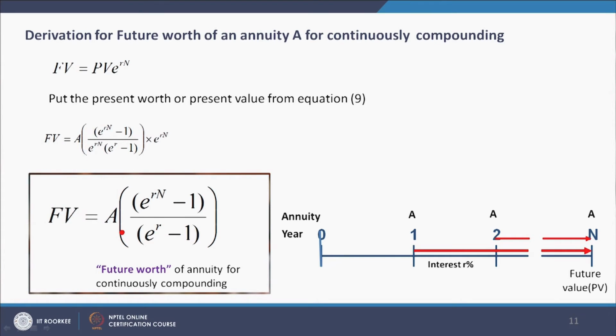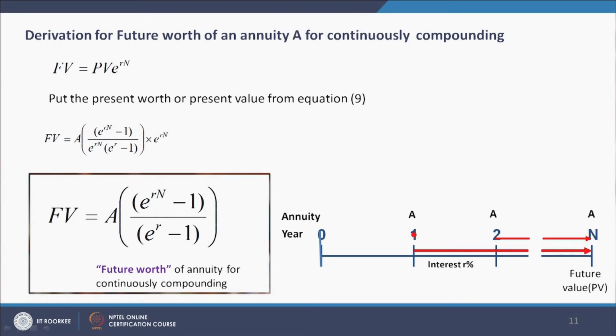So, FV is equal to A (e to the power rn minus 1) divided by (e to the power r minus 1). Here also you will see that the investment is done like this: at the end of the first year the first investment, at the end of the second year the second investment, and at the end of the nth year another investment A.